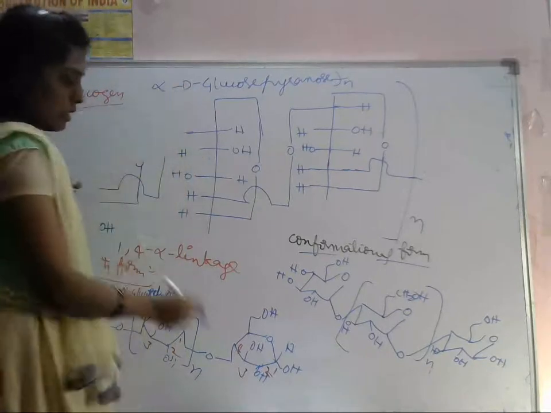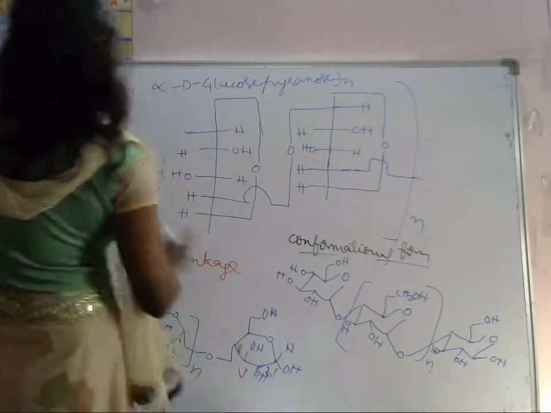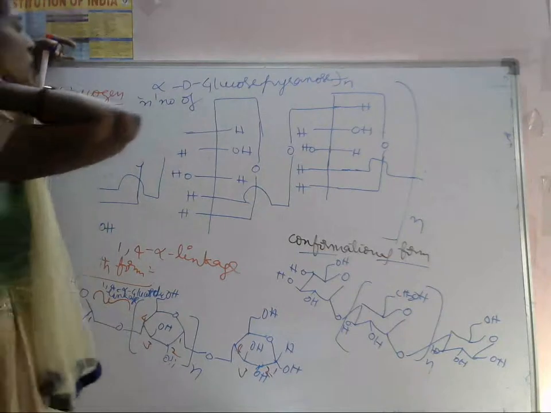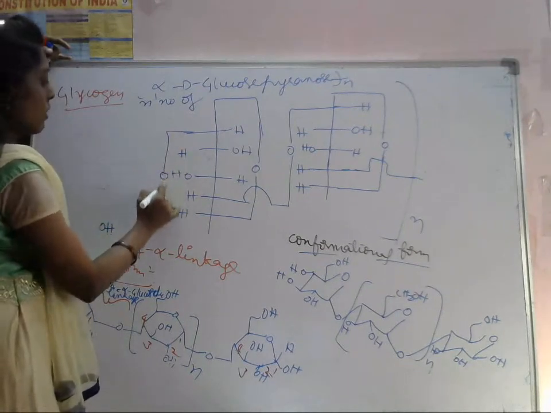Here the molecules have the same structure, but if it has n number of alpha D glucopyranose units, then it is called starch.